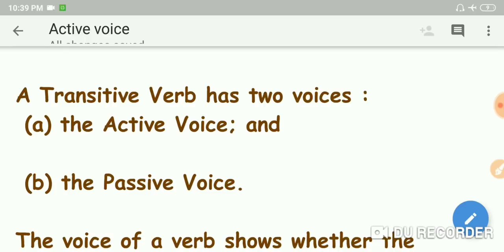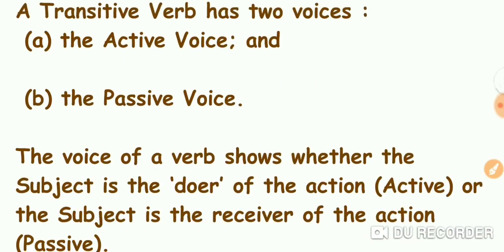If we frame a question to get the underlined word as the answer, and that object part answers the question who or what, then we can say that the verb in that sentence has an object. So let us learn with examples a little bit later.